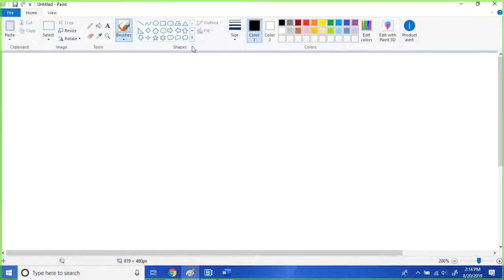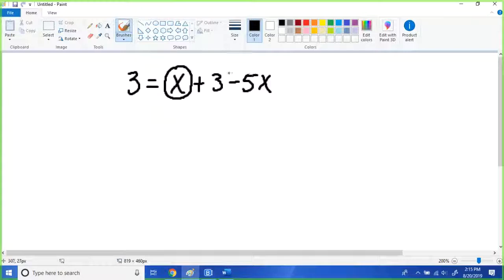The second problem is 3 equals x plus 3 minus 5x. Okay, so we're solving for the variable x. The first thing we want to do is see what's on each side of the equal sign. So I have a variable of x, 1x, and a variable of negative 5x.